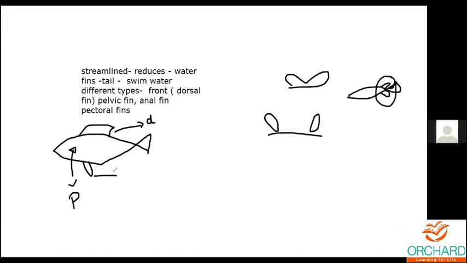That's called the pelvic fin. Okay, so here you'll be calling it the pelvic fins. And lastly, here one fin will be present. So this is called the anal fin.